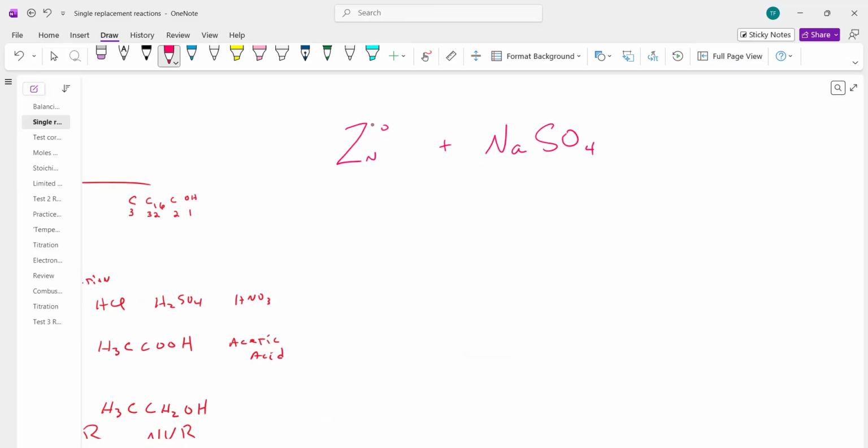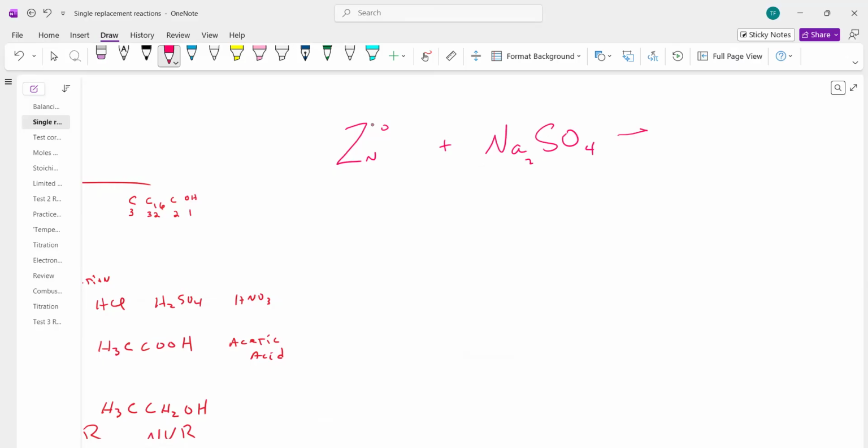And let's do sodium sulfate. Now I had to put a 2 there because sodium is a +1, sulfate is a -2. That's why we need 2 pluses to balance the -2.